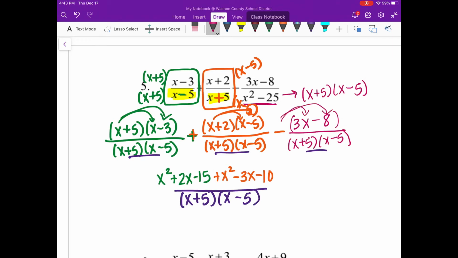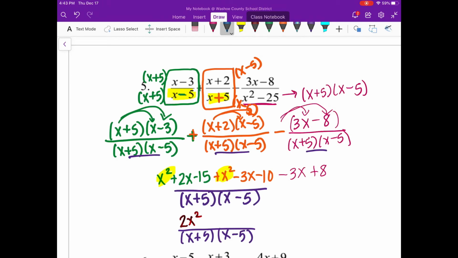And then here's super important that this is all the quantity being subtracted. So you want to make sure you distribute that negative to everything, the 3x and the negative 8, making it a positive 8. Okay, then we're going to have all of that. We're going to combine like terms, see where we're at there. So combining like terms, I have an x squared and an x squared.